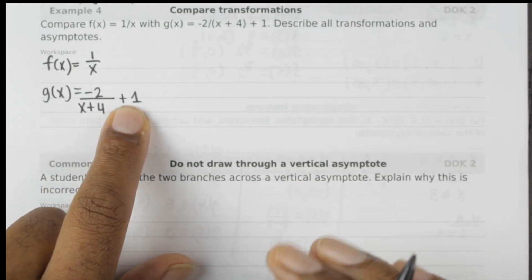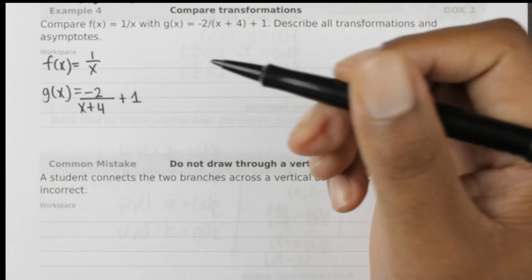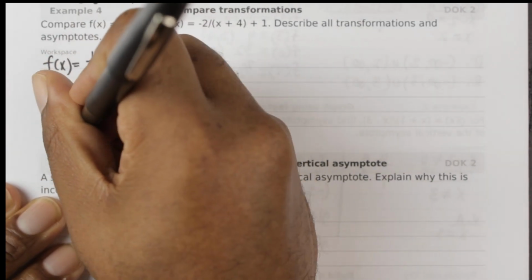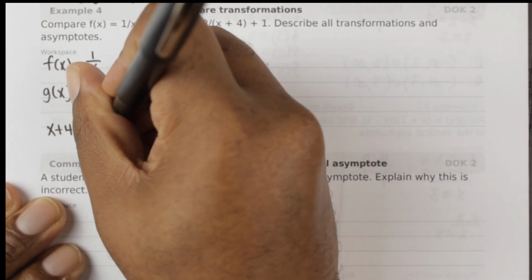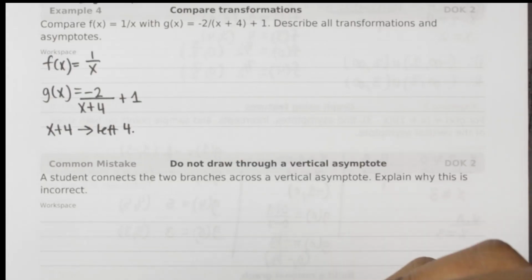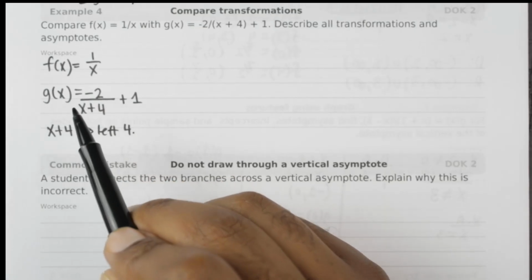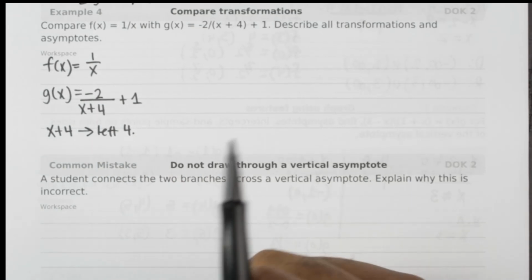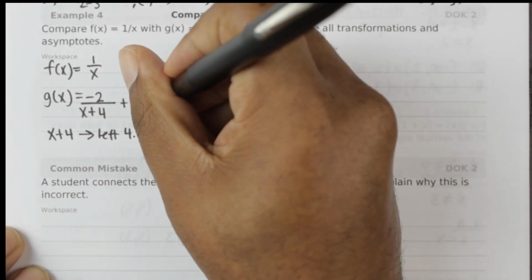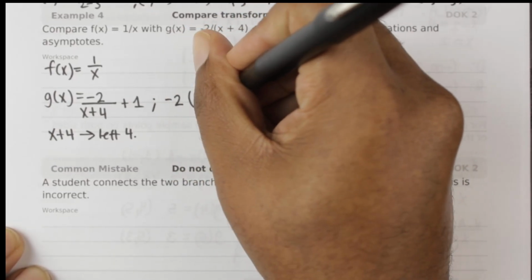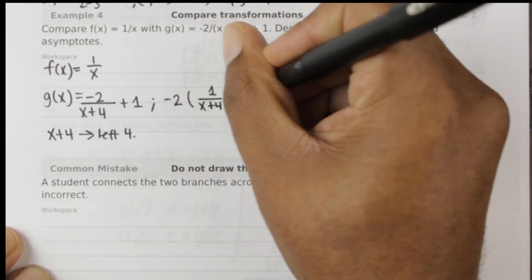And then this shows us that we're going to go up, all right? So the x plus 4 is inside the denominator. That shifts the graph left 4 units, okay? So again, x plus 4 means left 4 units. The coefficient of -2 here is essentially outside the reciprocal expression. Just to think about it, it would look like -2 times 1 over x plus 4.